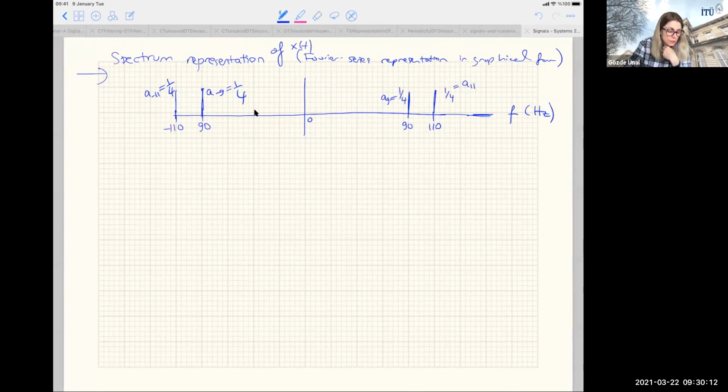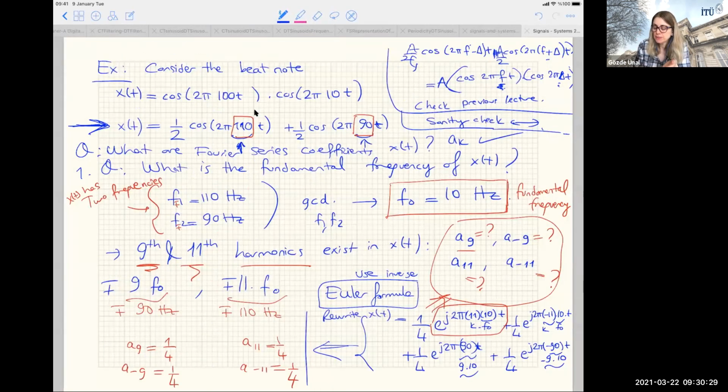So you see now we display the Fourier series coefficients. We say these phasor complex coefficients are really the Fourier series coefficients. So you guys ask, what if one of them was a sine?